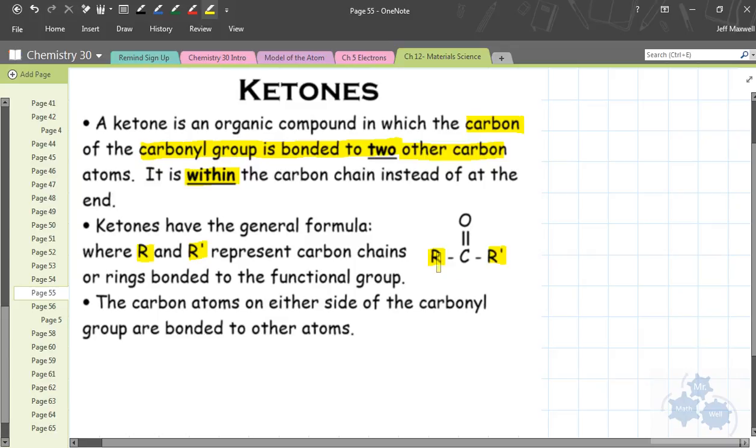It's got to be a carbon, carbon, carbon, and one of the carbons that's sandwiched in there is double bonded to an O. The carbon atoms on either side of the carbonyl group are bonded to the other atoms. So yeah, carbon here can have whatever they want on there, but this part in the middle is what makes a ketone a ketone.